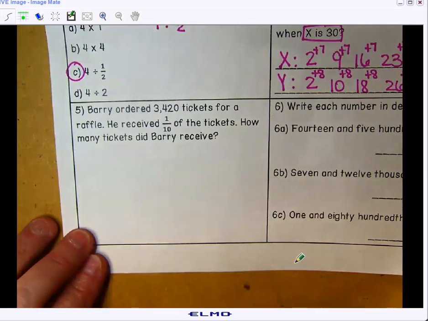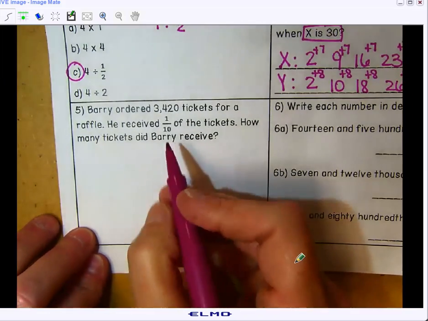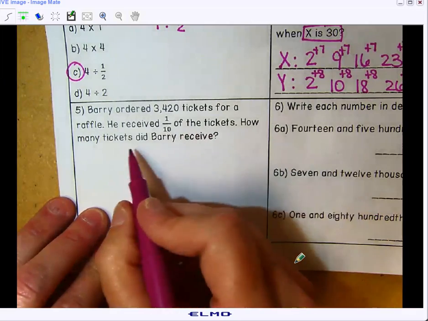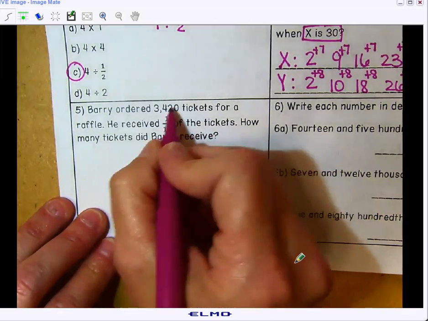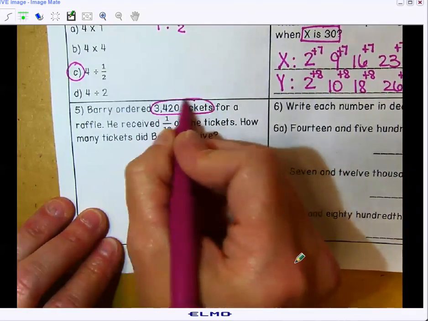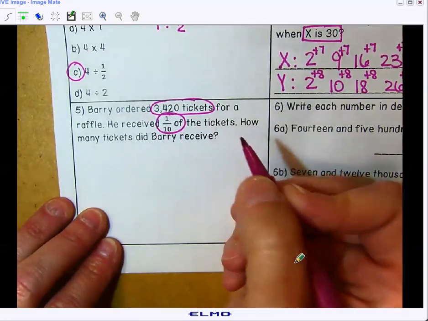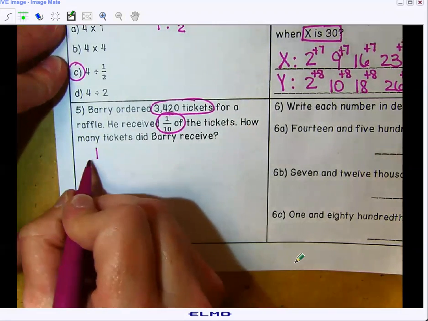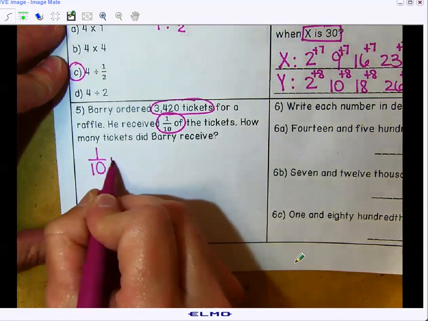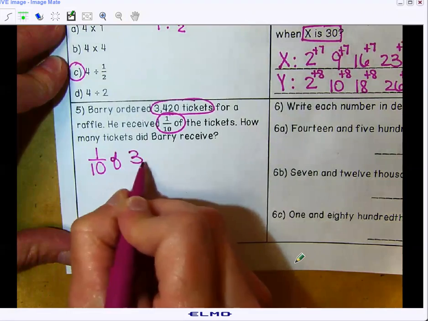Barry ordered 3,420 tickets for a raffle. He received 1/10 of the tickets. How many tickets did Barry receive? So he needs to get that total amount of tickets, but he only has this much of those tickets. So he has only 1/10 of the tickets that he ordered.